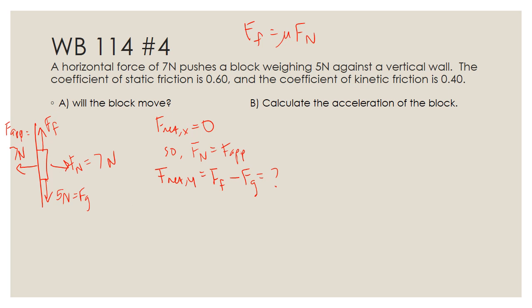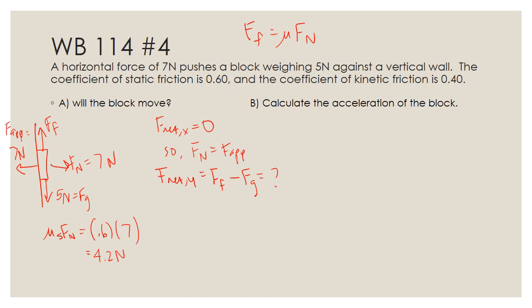So let's find the threshold value, mu s times F N. How big can static friction be? If we have static friction with a coefficient of 0.6, and my normal force we already said was 7, what's 0.6 times 7? That's 4.2.